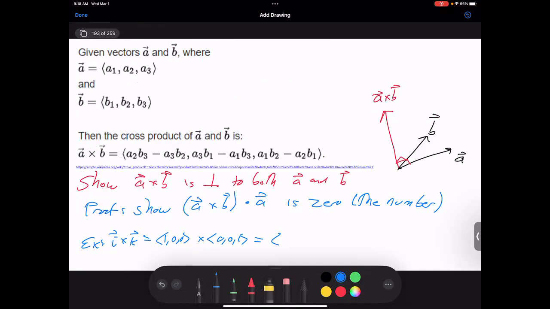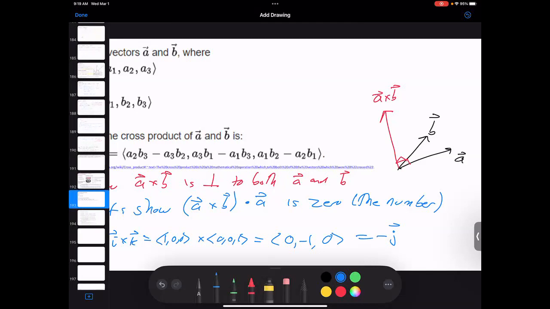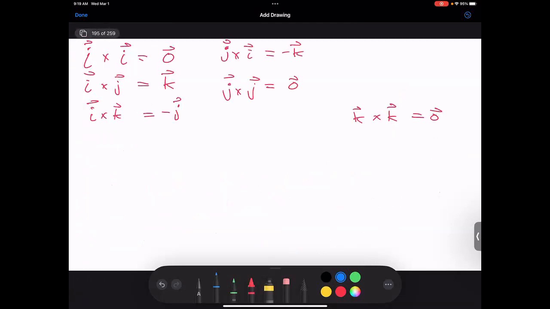Well, A2 is 0, so I don't have to worry about that. A3 is 0. So I know the first component is 0. For the second one, it's A3, B1, that's 0, minus A1, B3. Oh, A1, B3, that's a negative 1. And the last one is A1, B2 and A2, B1, which are both 0. So it's just going to be negative J. Okay, so now we know I cross K is negative J.